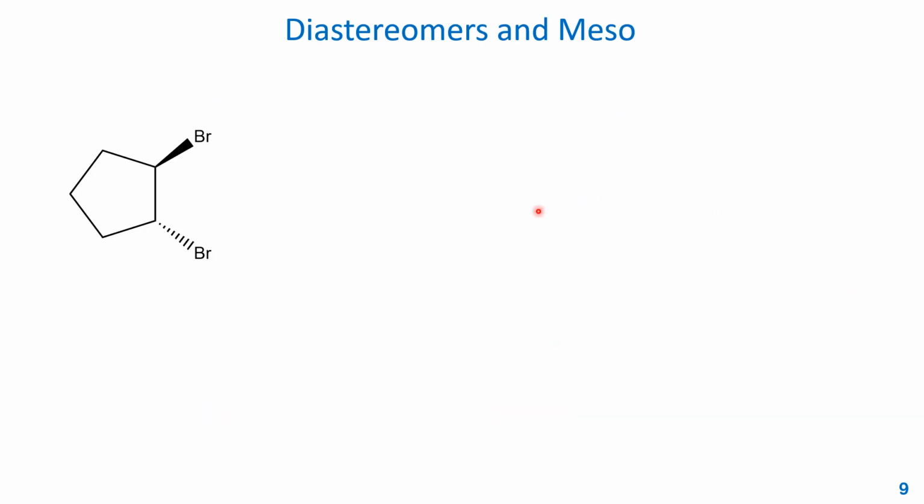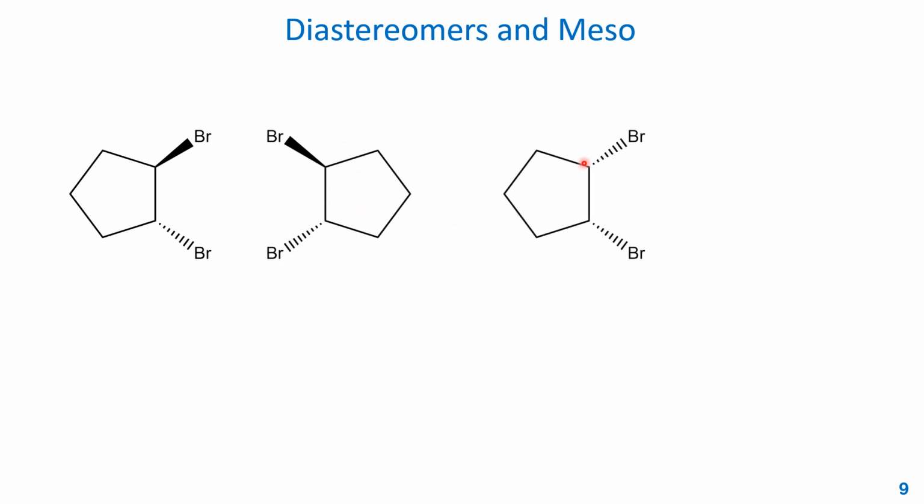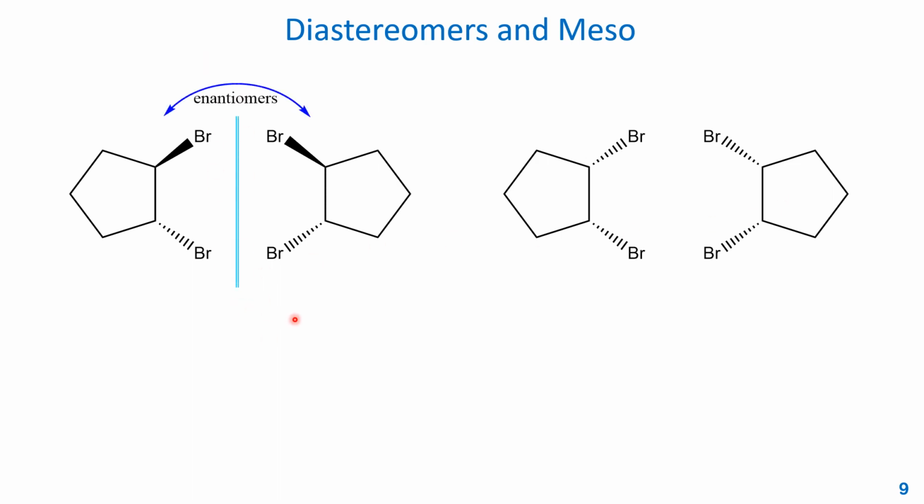Another example of a meso compound is this dibromide. If you have this dibromide, with these two asymmetric centers, you can draw the other stereoisomers, this one and this one. And these two, they are mirror images, they are enantiomers. And these two, again, they are mirror images, but if you rotate this stereoisomer, it is exactly the same as this one.